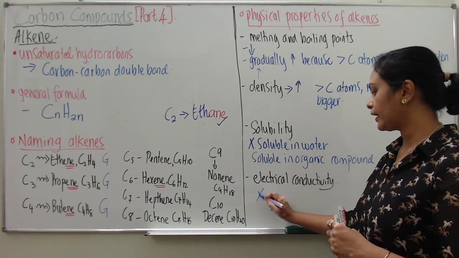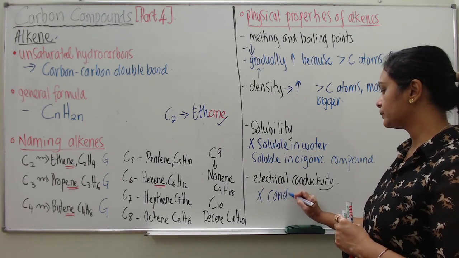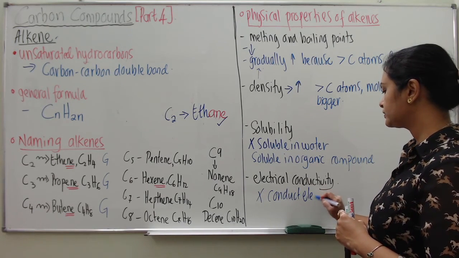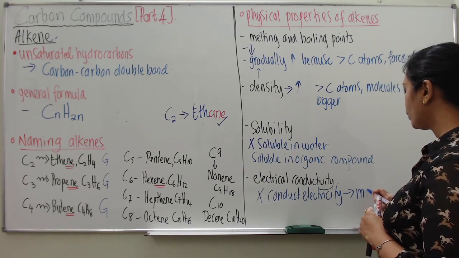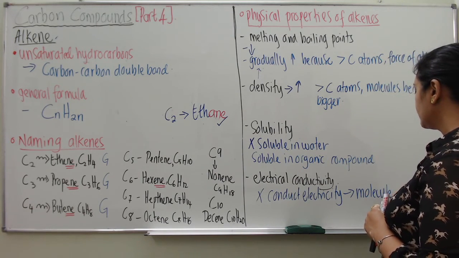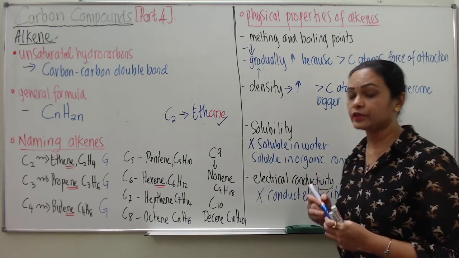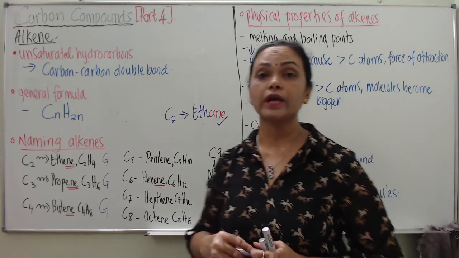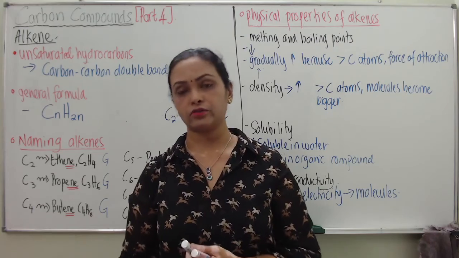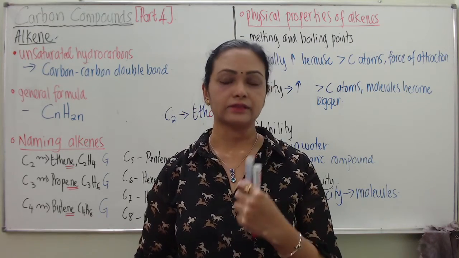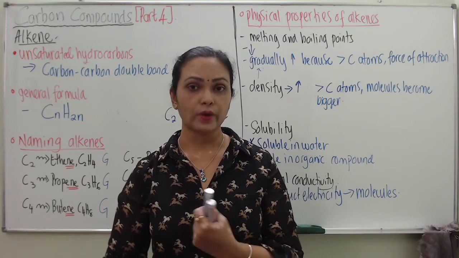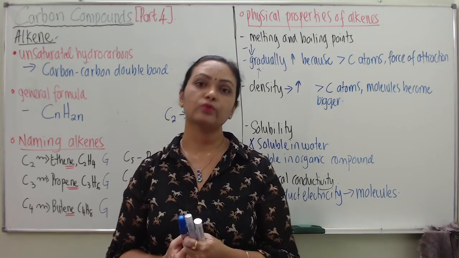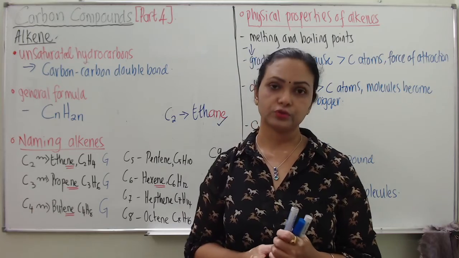So they cannot conduct electricity, just because they are molecules and they don't have free moving ions. Alkenes and alkanes can't conduct electricity because they are molecules and covalent compounds. No free moving ions. You can also use that.